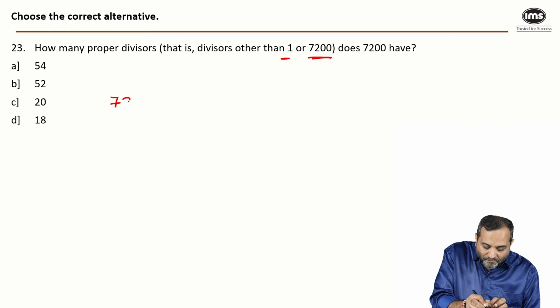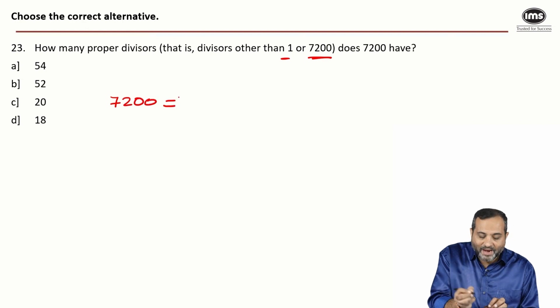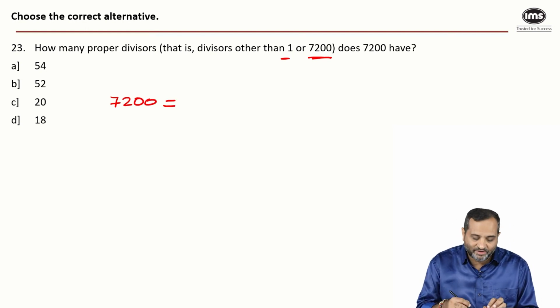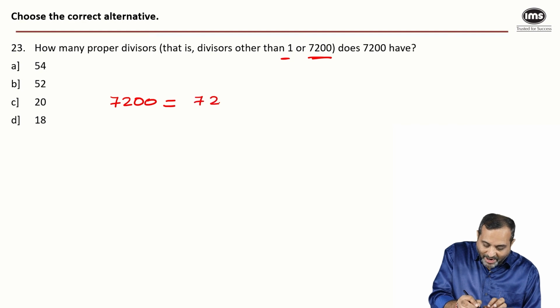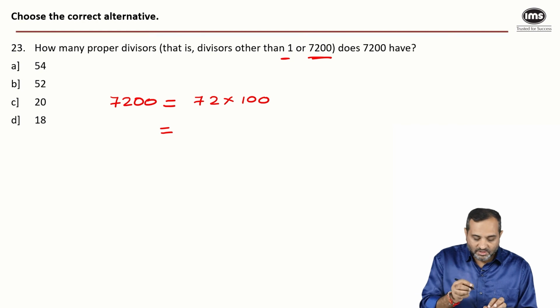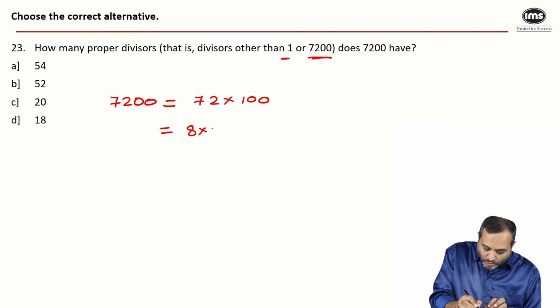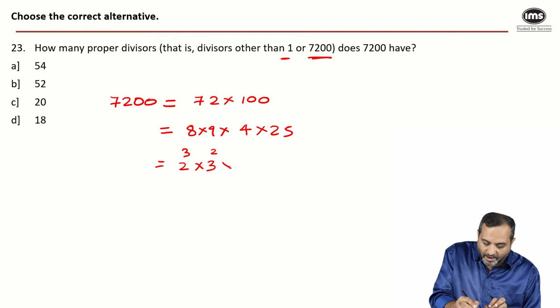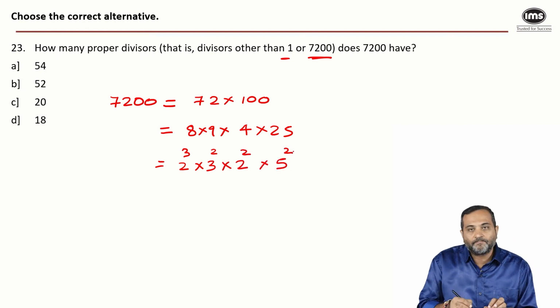To find the number of factors of any number, first I factorize that given number. So can you write this as 72 into 100? 72 is 8 into 9 and 100 is 4 into 25. So 8 can be written as 2 cube, 9 is 3 square, 4 is 2 square and 25 is 5 square.